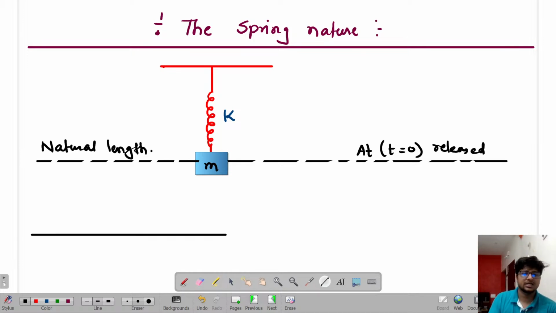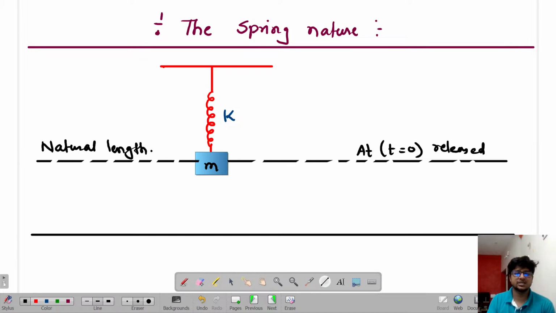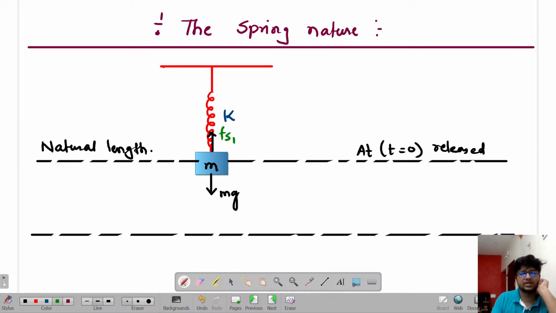The question arises that, as you can see this motion, this whole spring motion is categorized into three parts. See, this mass M has a weight mg, and this is its spring force which is acting. Now what is happening in this region is that spring force is K into x, correct?